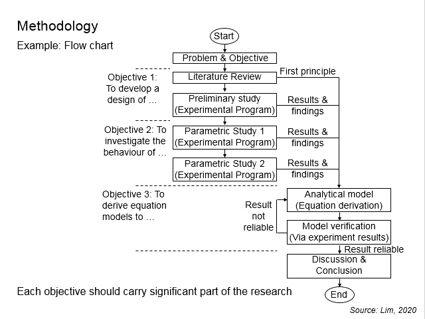Research design, which in this case has 4 parameters to be studied. Therefore, you separate the parametric study into stage 1 and stage 2, having 2 parameters studied in stage 1 and another 2 parameters studied in stage 2.